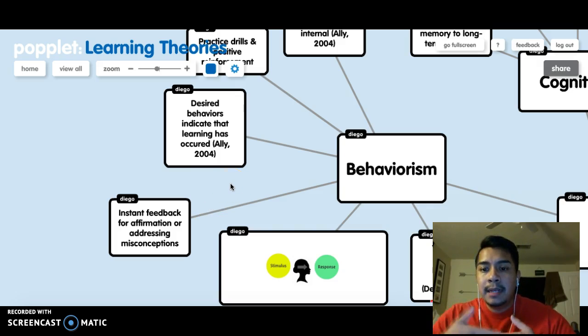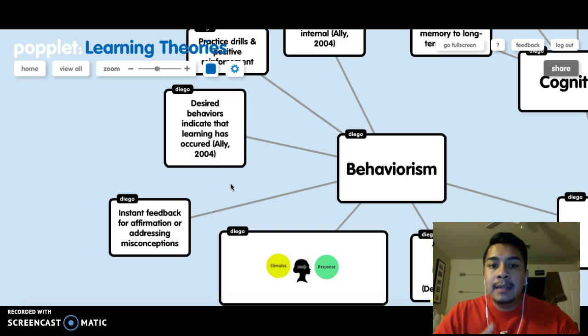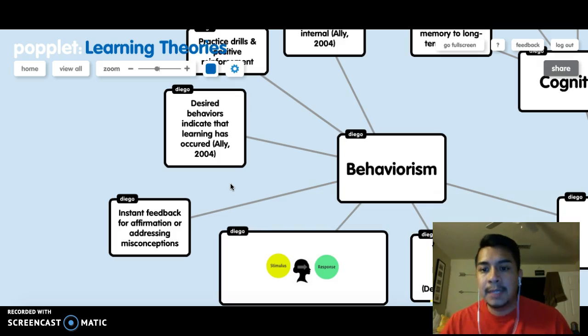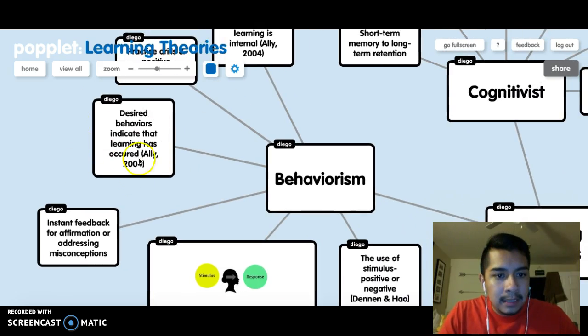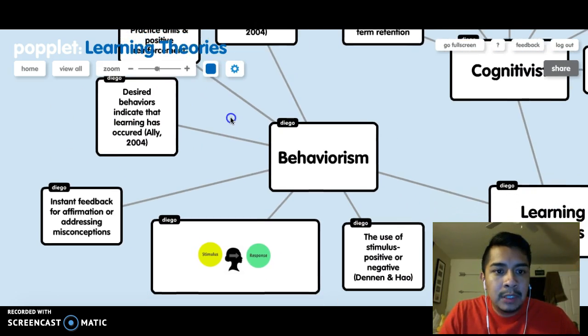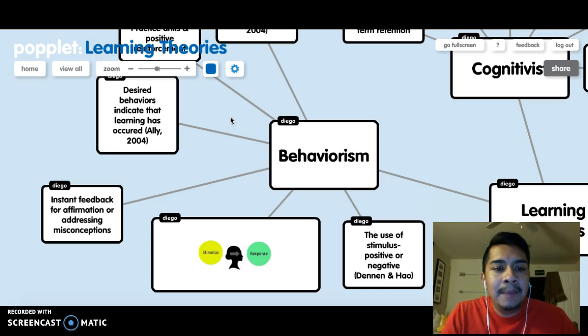Right then and there, whenever my learning is hindered, those misconceptions are resolved, and then learning takes place there. Because in the next one, that desired outcome, that desired behavior is going to be seen because I was able to address my misconceptions. Again, learning happens when a desired behavior is seen.